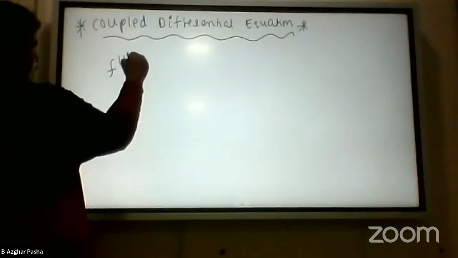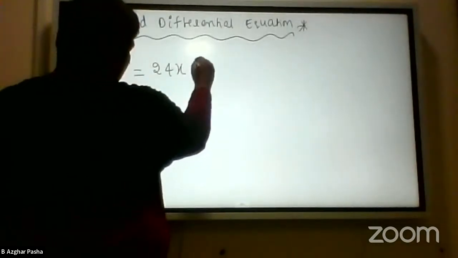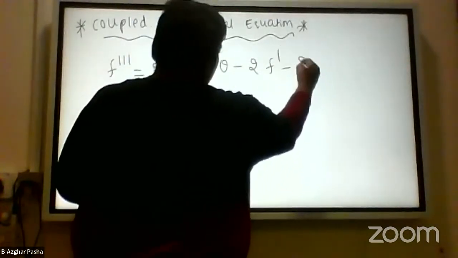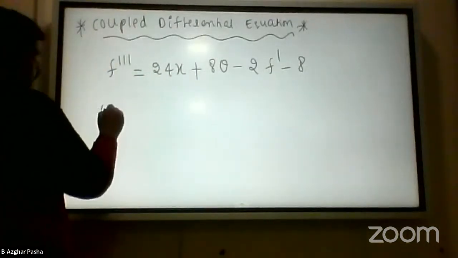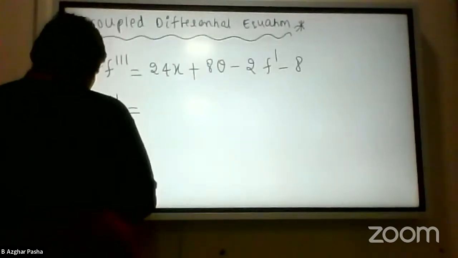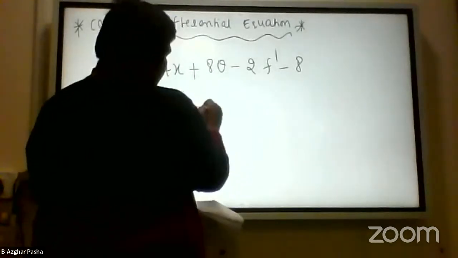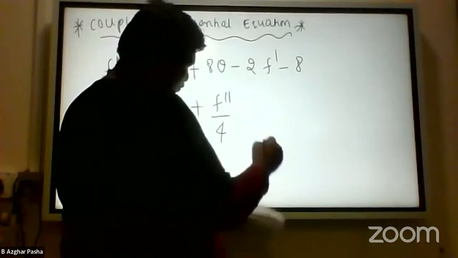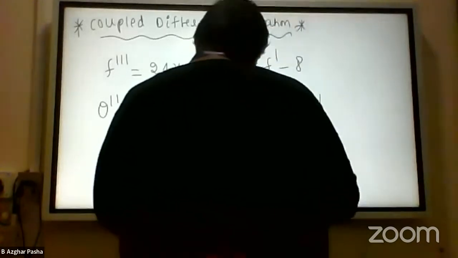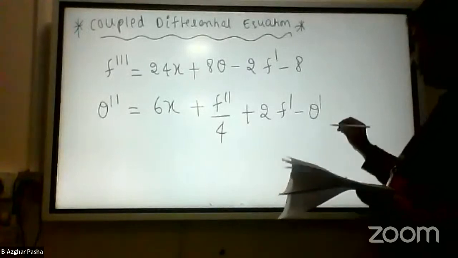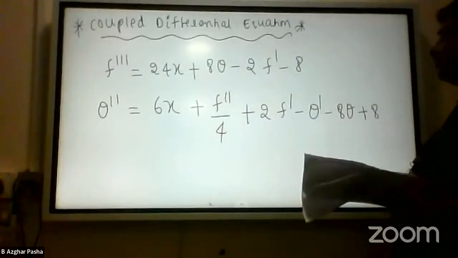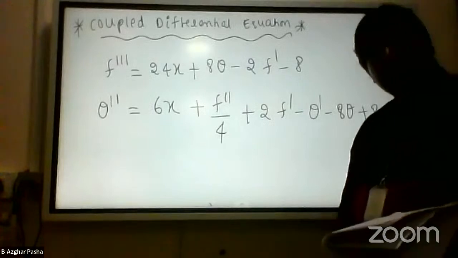F triple dash is equal to 24x plus 8 theta minus 2f dash minus 8, and theta double dash is equal to 6x plus f double dash by 4 plus 2f dash minus theta dash minus 8 theta plus 8. So I have to solve this for f and theta.